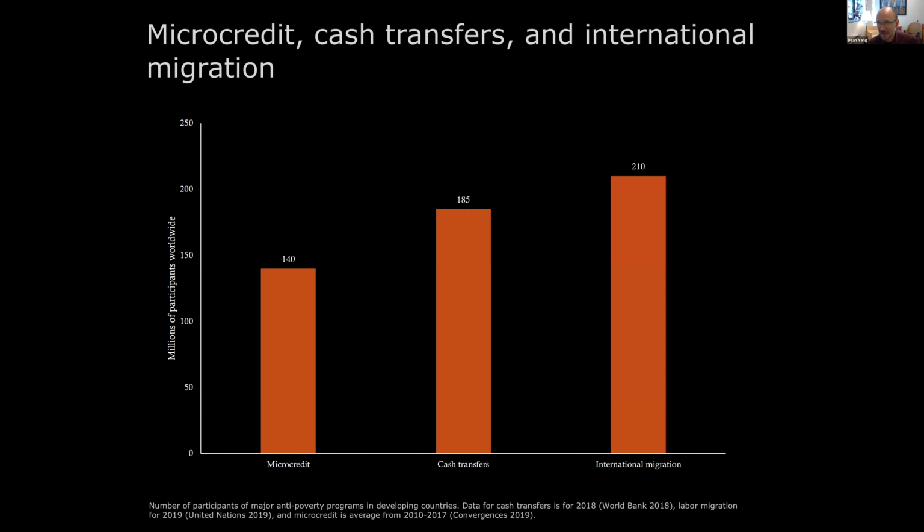So the comparison is a bit apples to oranges, because these international migrants are mostly making decisions on their own, and they're mostly not overseas as a result of some sort of government program or initiative. But I think we need to think about this in the context of the previous slide that basically showed that the vast majority of developing countries are entering into this space and thinking about ways that they might expand the benefits they can get as home countries of migrants when they send their citizens overseas.